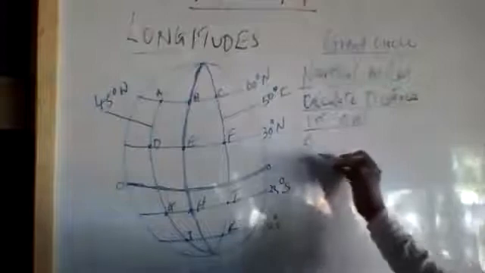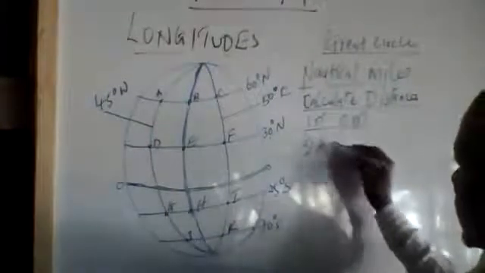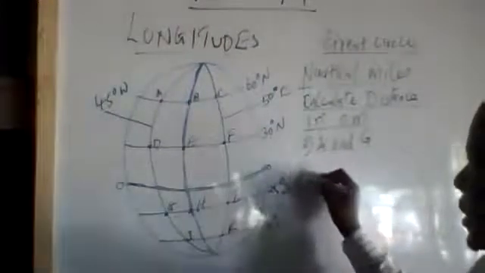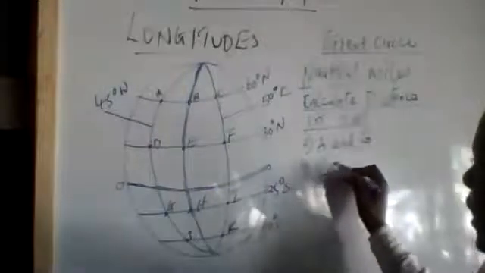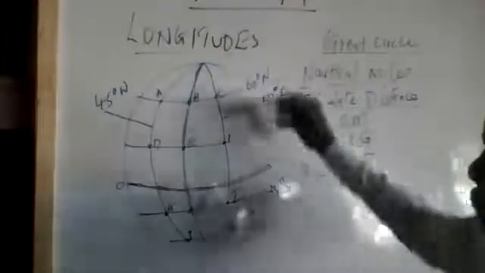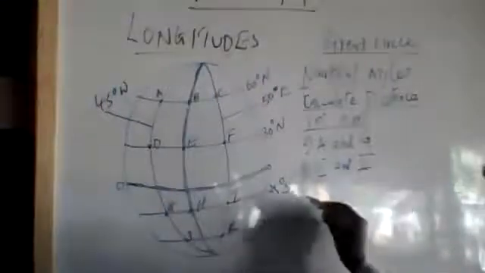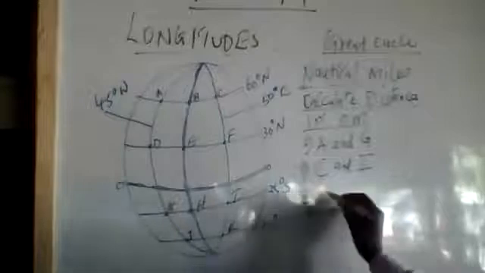A, I want you to look between A and G. B, I want you to calculate between C and I. C is up, I is down. That is C and I. C, I want you to calculate between B.